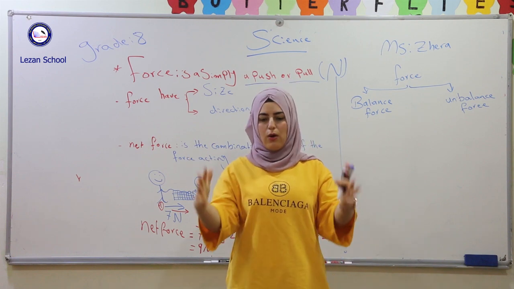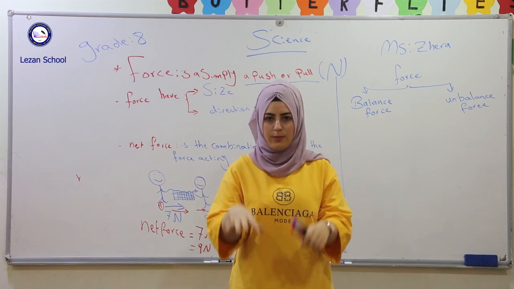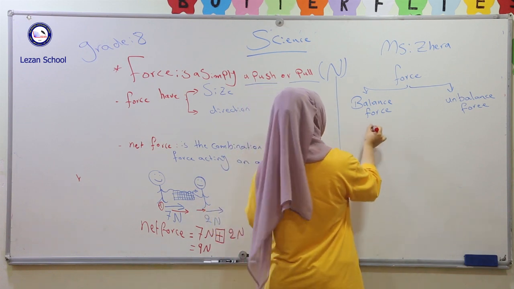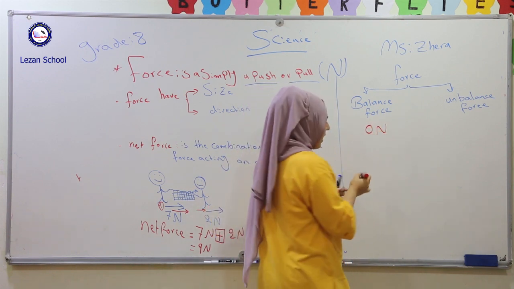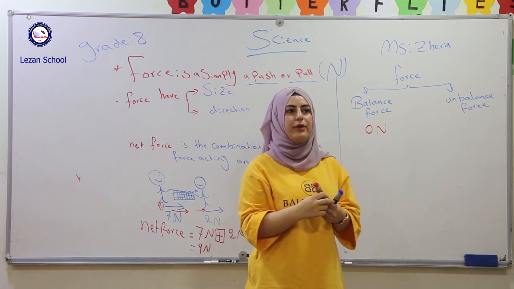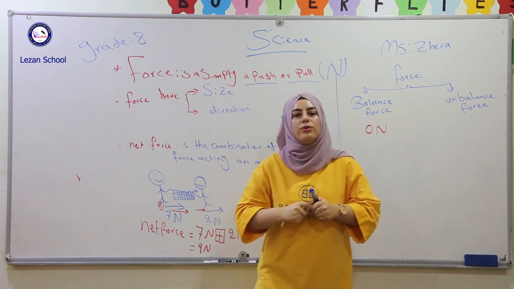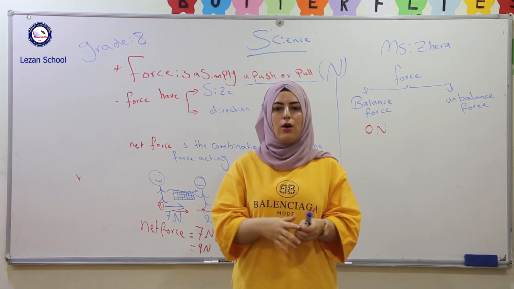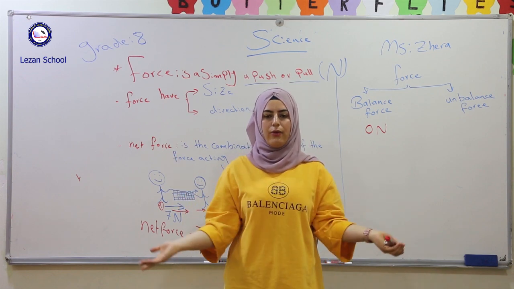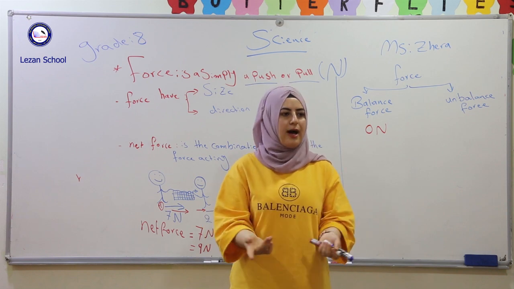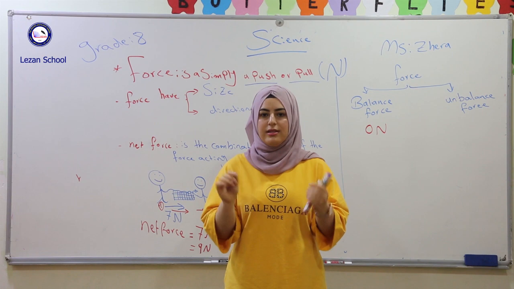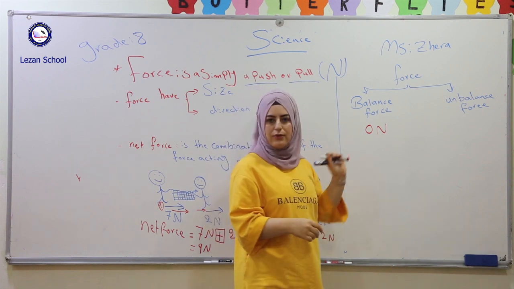If all of the forces on this object equal 0 Newton, at this moment it's called balanced force. Give me an example. For example, I'm parking my car. When you park your car, the net force equals 0. So the car, if you don't push it or pull it, cannot move. This moment is a balanced force.